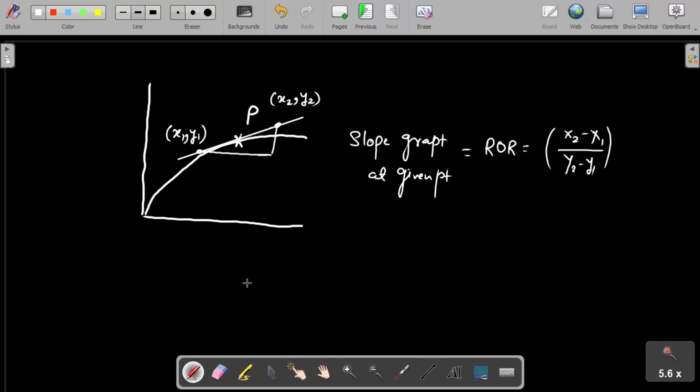Right? So this is called the instantaneous rate of reaction, and you can find this only from the graph.